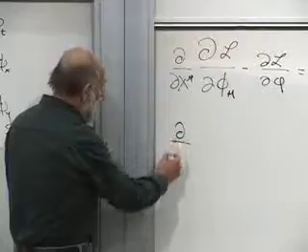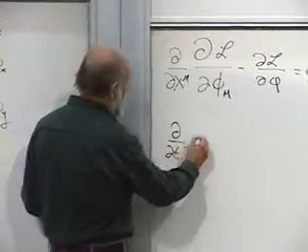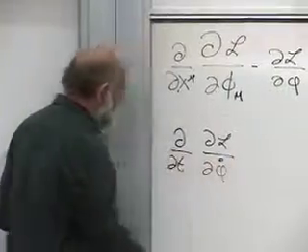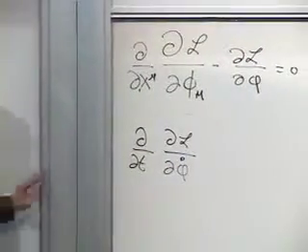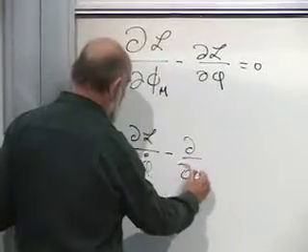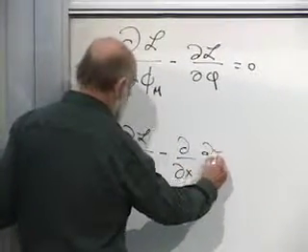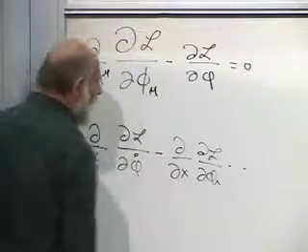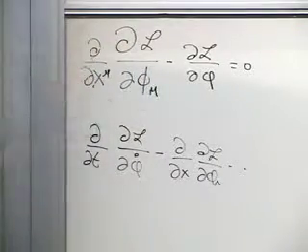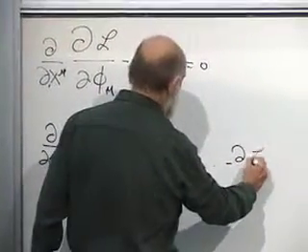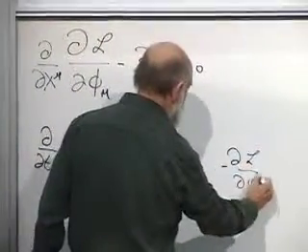All right, so this says that d by dt of partial of L with respect to phi dot, that's the first term, I guess, minus d by dx partial of L with respect to phi x, and likewise for y and z, minus the derivative with respect to phi equals 0.